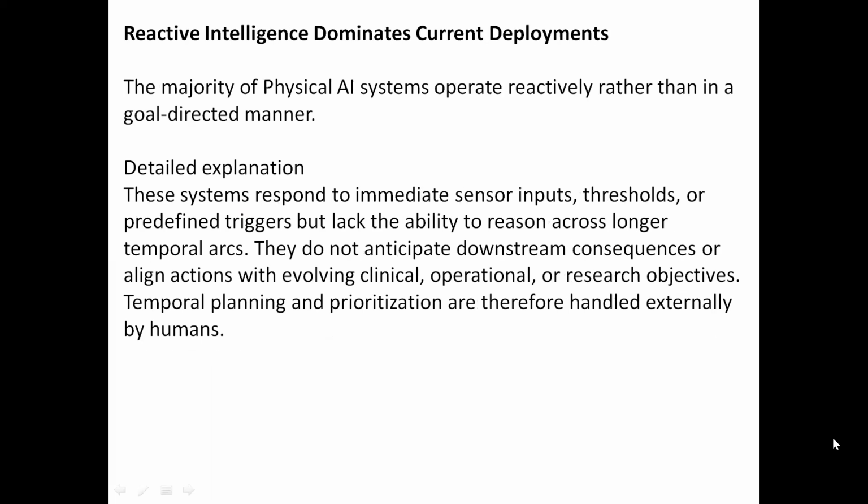So I propose, what if agentic AI participates in the physical AI orchestration layer? Then it can go beyond traditional reactive intelligence. Reactive intelligence is preset, right? Because the majority of physical systems operate reactively rather than in a goal-directed manner, right?